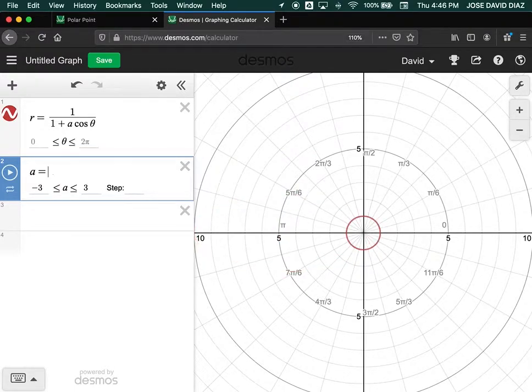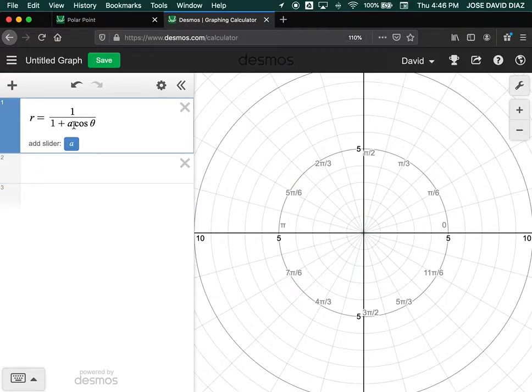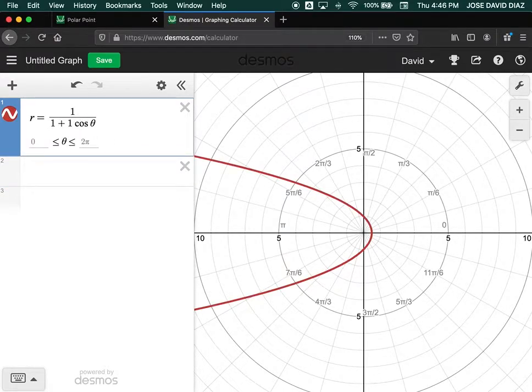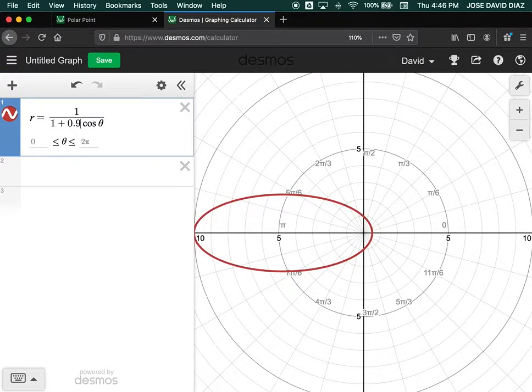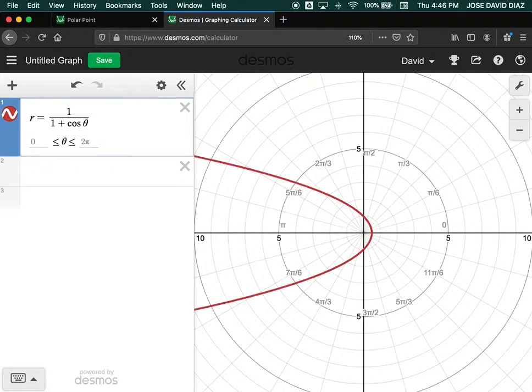Once it gets to 1, it's a parabola. So this is a parabola. 0.5 is an ellipse. 0.9, 0.98 is an ellipse still. But once it goes to 1, it's a parabola. And if it's a circle, it will be a 0.